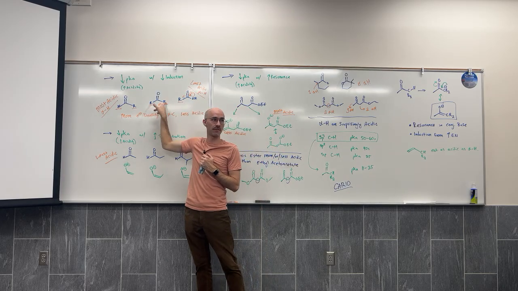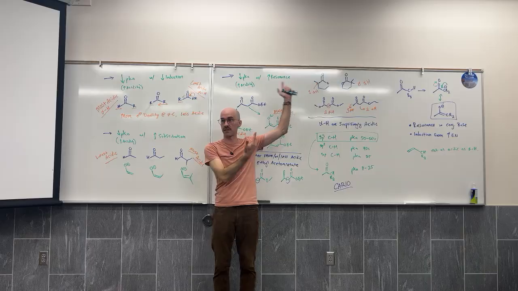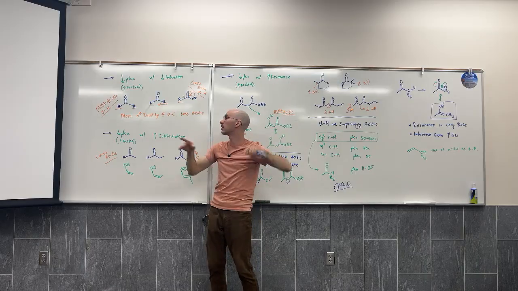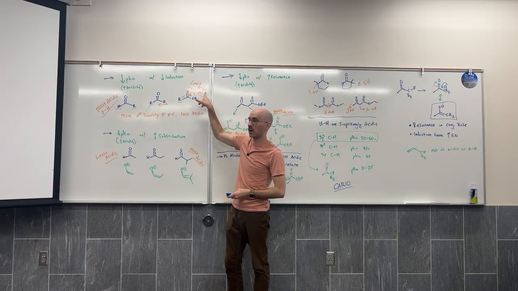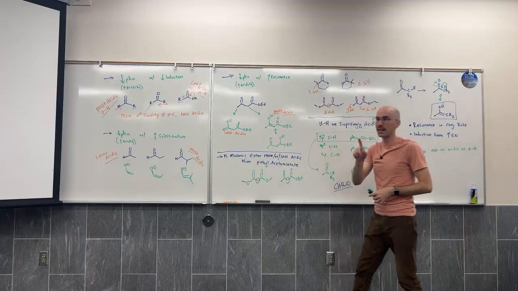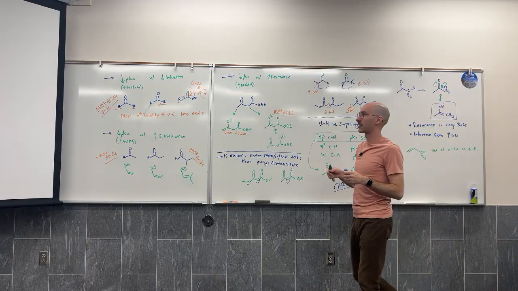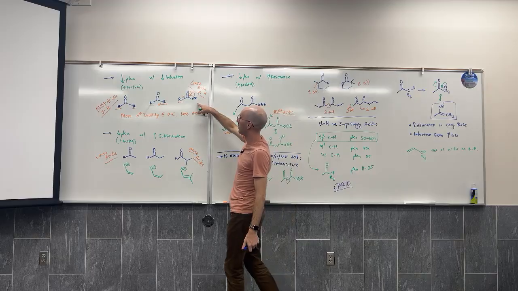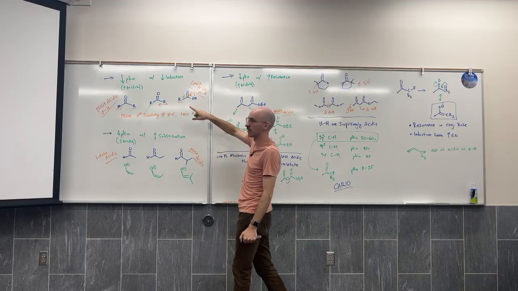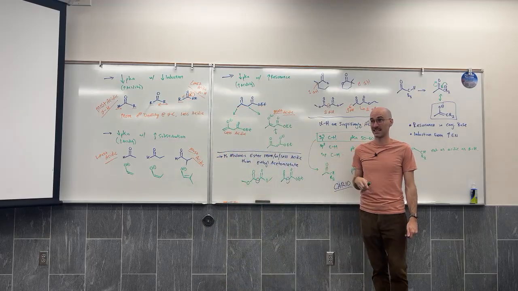Whereas these groups don't have any competition. The carbon is in resonance with the oxygen. Great. But this one's got competition on resonance. So surprisingly, I want you to think of the ester as actually pushing too much electron density in here, making it less acidic.